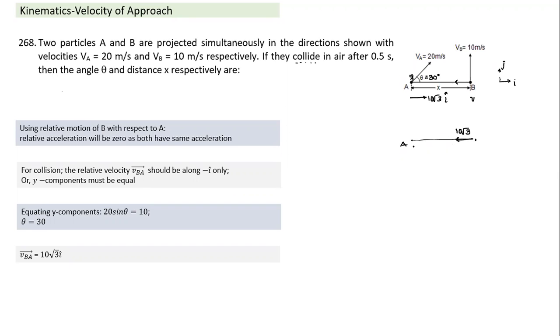This is the velocity of approach and the distance is x. And if collision takes place in 0.5 seconds, this into 0.5 has to be equal to x. That's the condition. VBA is equal to 10 root 3. Is that clear? So I hope it's all clear. Yes, sir. Lakshita? Yes, sir. Now onwards there will not be any problem with this kind of question.